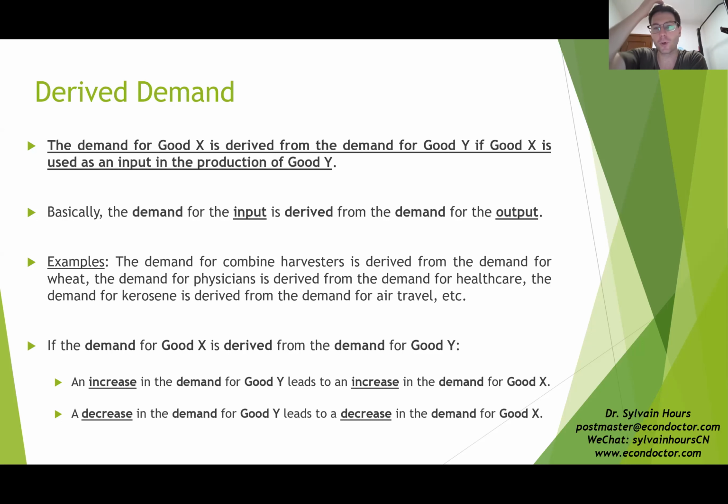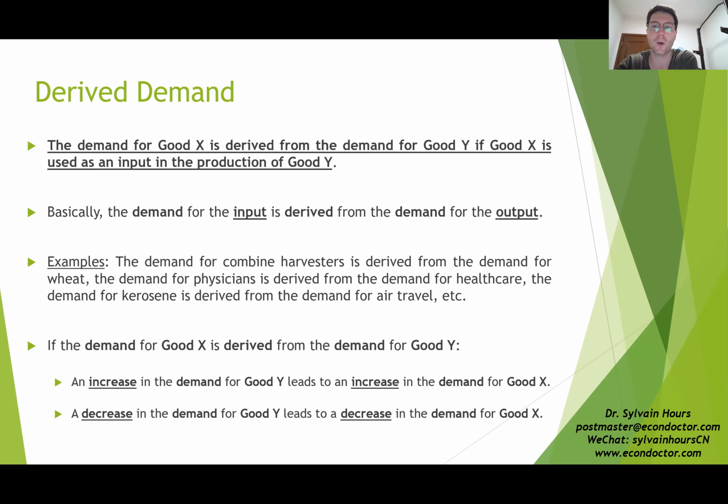Okay, so the idea here is that if we want to produce more of one good, then we must demand more of the input. It is as simple as that. So if Y is the output, if there is an increase in demand for good Y, then there will be an increase in the demand for good X. Simply because if the demand for the output increases, then we want to produce more.